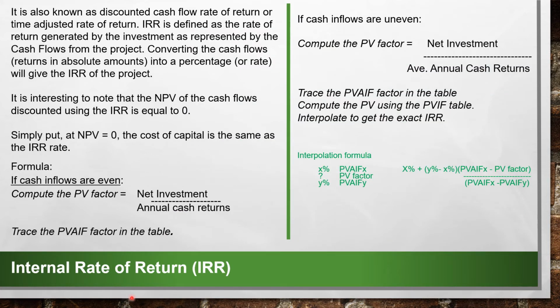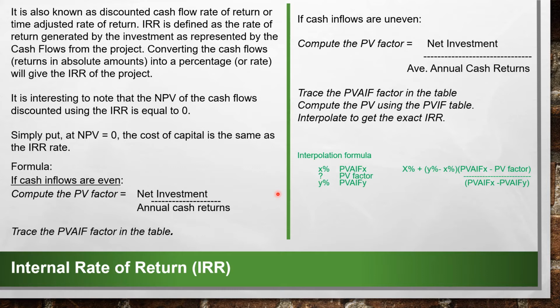Okay, so we have here another discounted model. We have IRR, or the internal rate of return. This is also known as the discounted cash flow rate of return or time adjusted rate of return. IRR is defined as the rate of return generated by the investment as represented by the cash flows from the project.